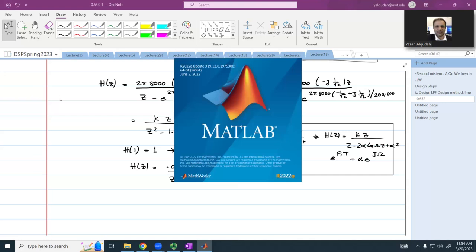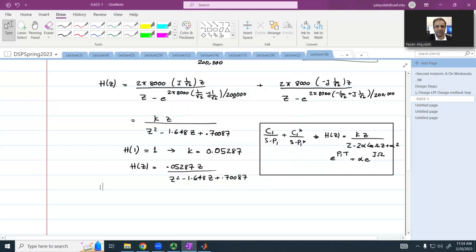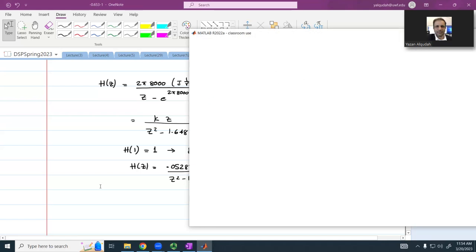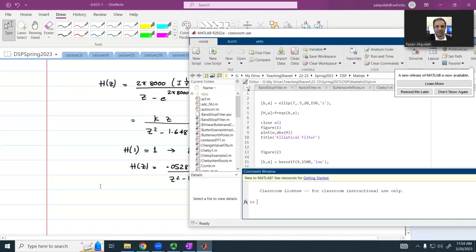So that tip there, what's useful about it? I don't get what's the tip. I mean, you can go from this form to this form directly by knowing where the poles are.